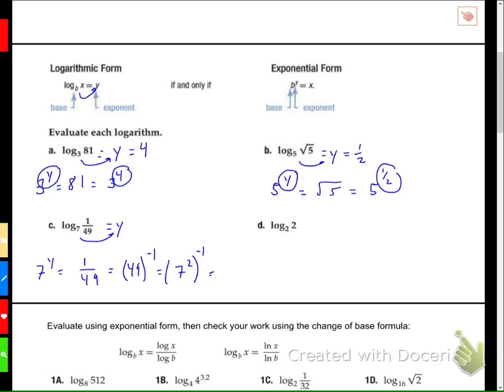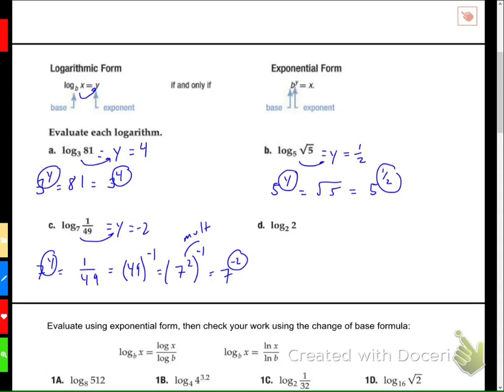There's a rule that says if you've got something to a power and you raise it to another power, you multiply those 2 powers together. So that gives me 7 to the negative 2. I had 7 to the y equals 7 to the negative 2, which means my logarithm, log base 7 of 1 over 49, was equal to negative 2.